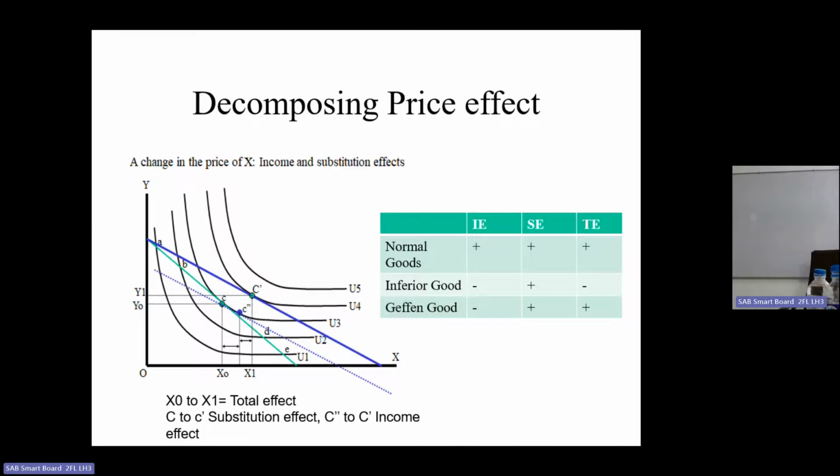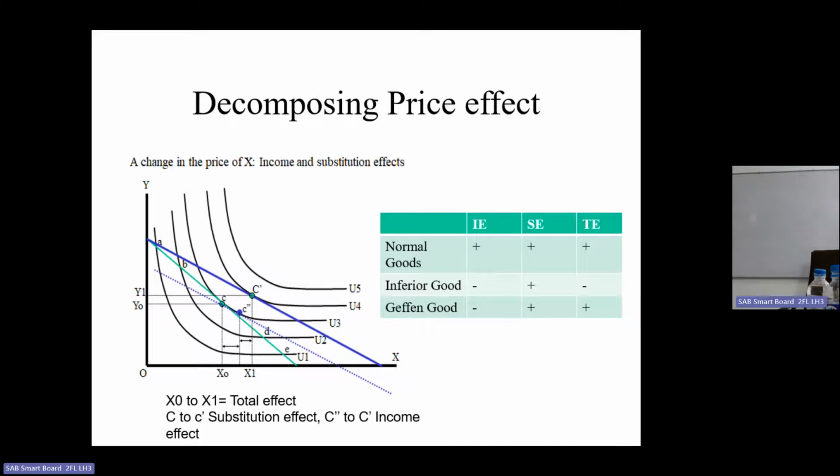So what is the slope of the budget line? The answer is the price ratio between the two products, X and Y: Px over Py or Py over Px. So that is the price ratio.